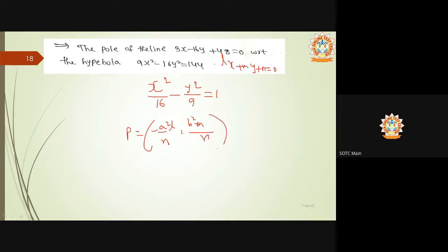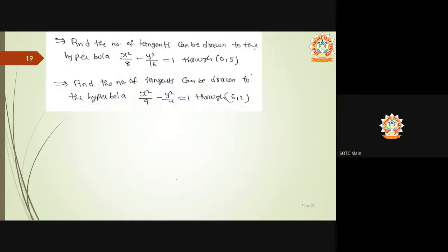Now substitute this: a square as 16, b square as 9, L as 3, m as minus 16, n as 48. Tell me what is the point it is coming. Minus 1 comma minus 3, sir. Minus 1 comma minus 3. Yes, correct. Done. Now try to see the next question.